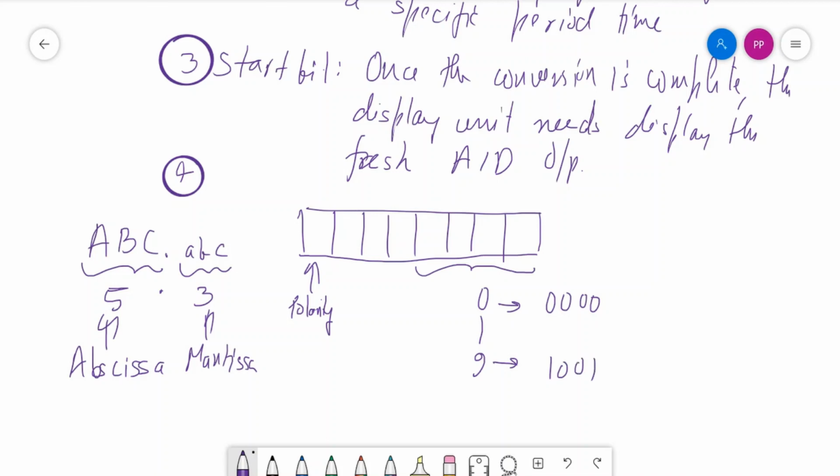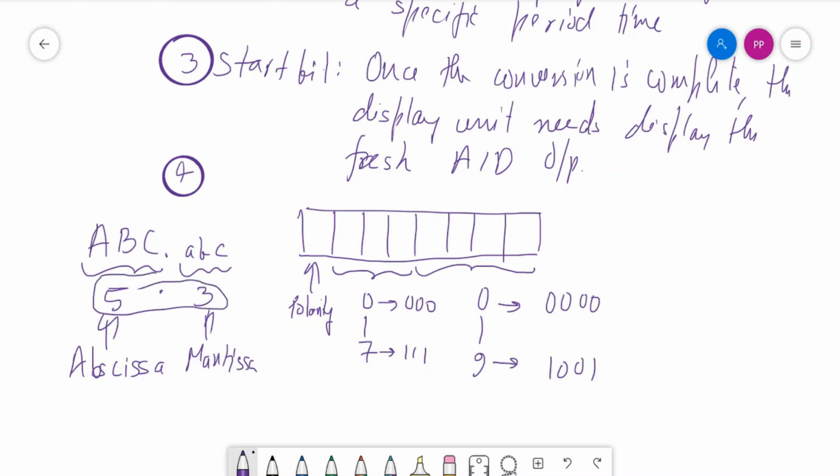And these 3 bits are for abscissa. So here we have data varying from 0 0 0 to 111. So naturally I can display from 0 to 7. So suppose I have to display 5.3.